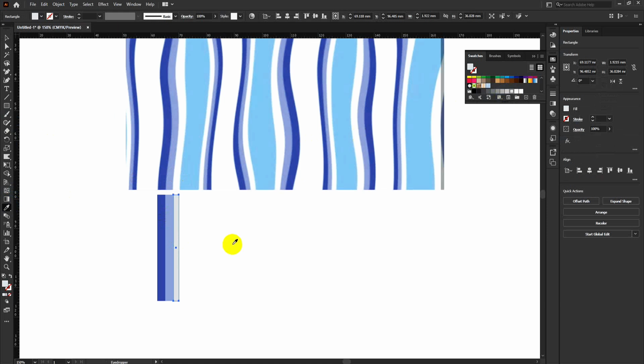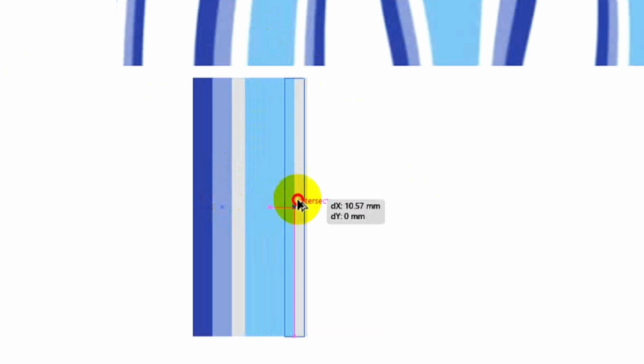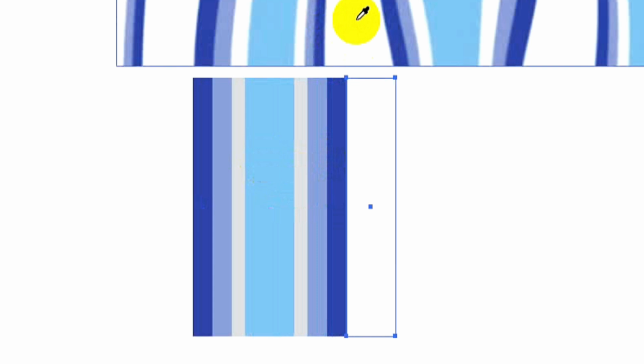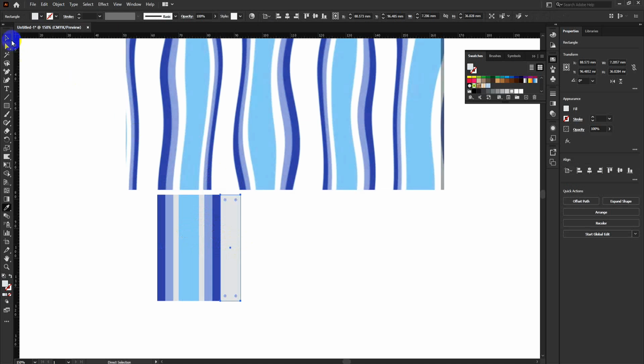I am using grey color instead of white so that it can be visible on the white background of the page. I think one repeat of this pattern is ready.